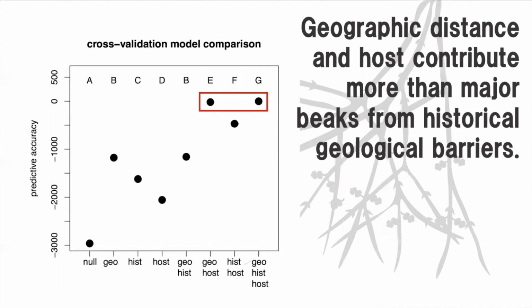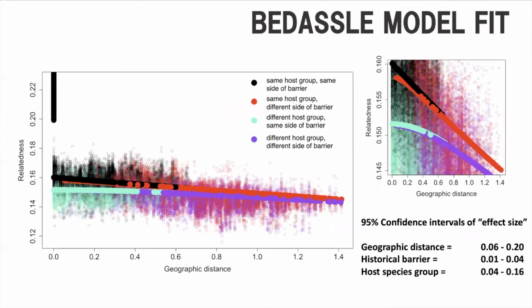However, you can clearly see that geographic distance and host are contributing more than those major breaks from historical geological barriers. So there's very little benefit of including the historical barriers beyond just geographic distance and host species, but it is significant.